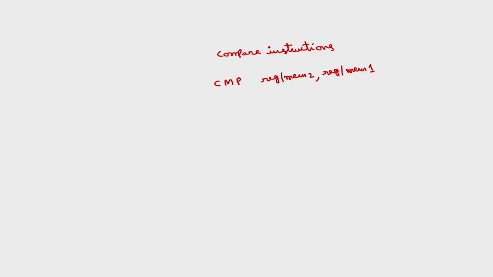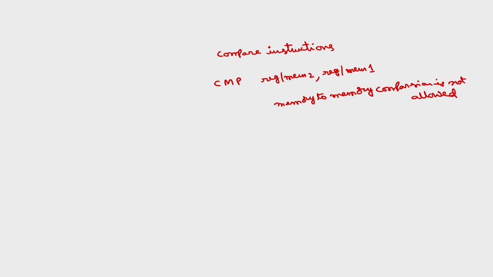Here also memory to memory operation is not allowed. Memory to memory comparison is not allowed. So, one must be register. So, we can compare one register contents with one memory, or we can compare 2 register contents.